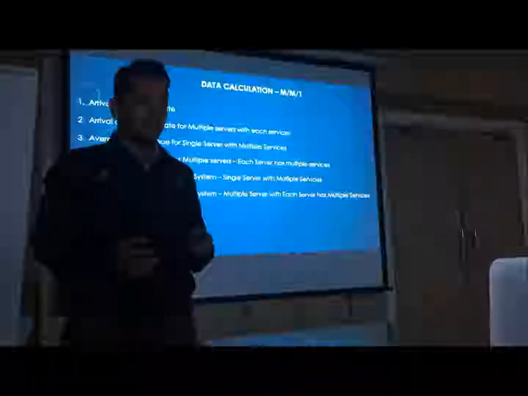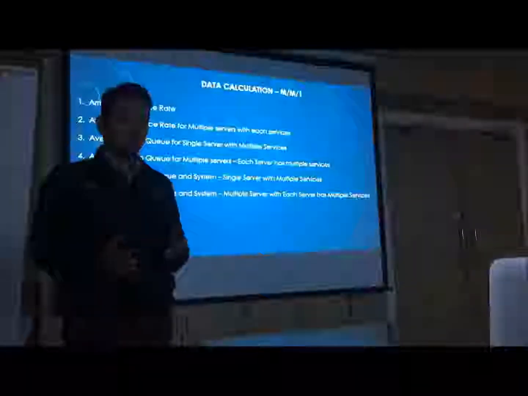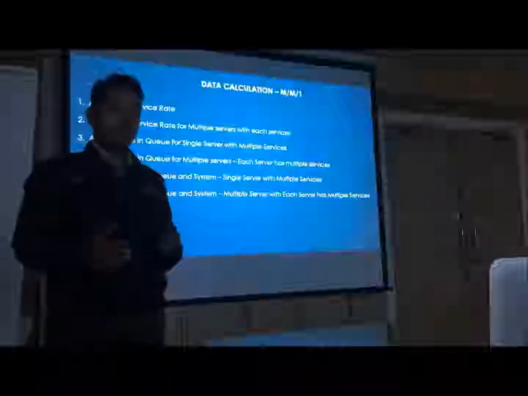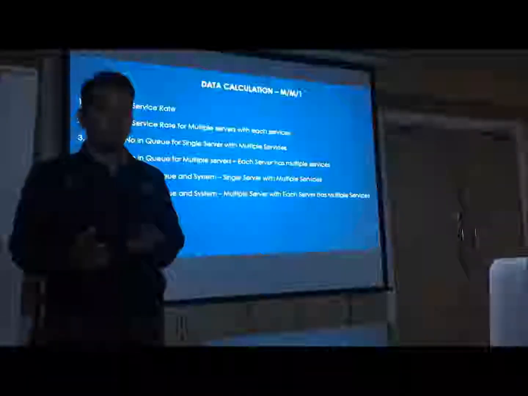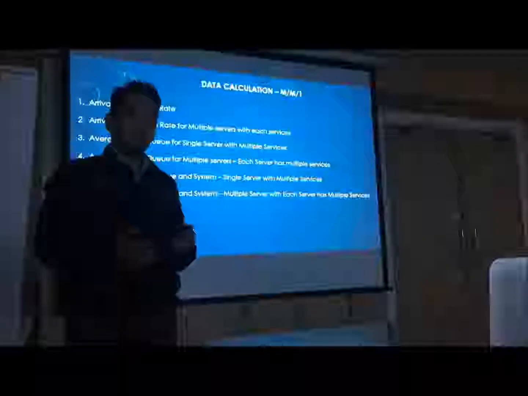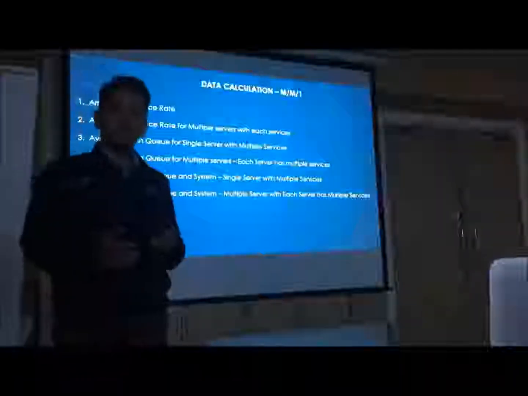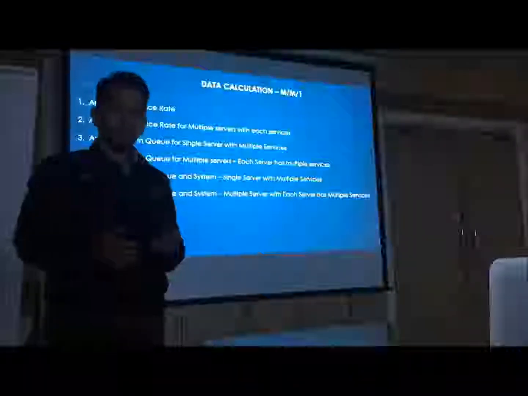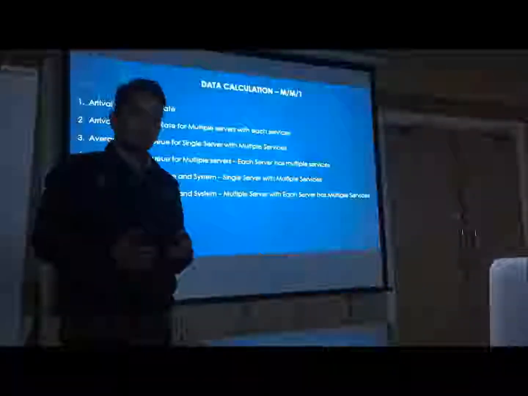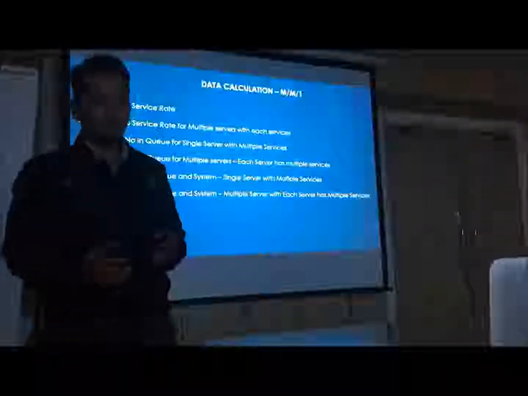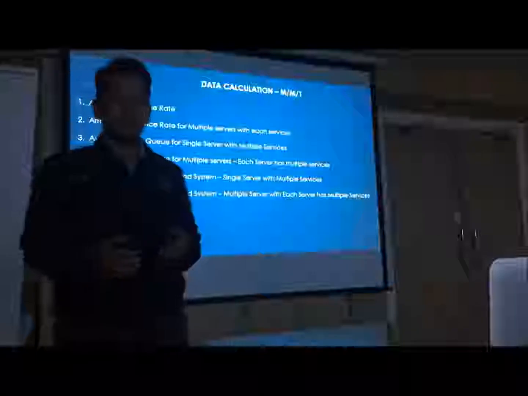Number 4, the calculation number in queue for multiple server to find each server has multiple services. Number 5 is average time in queue and system for the single server with multiple services. And last but not least, average time in queue and system multiple server with each server has multiple services.